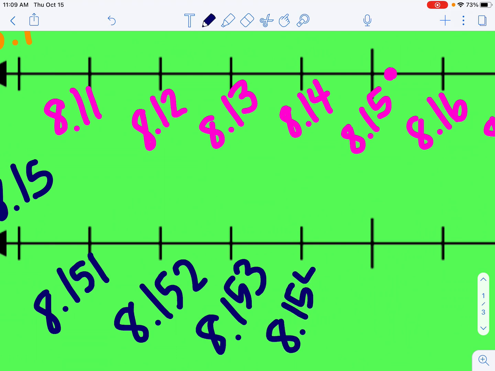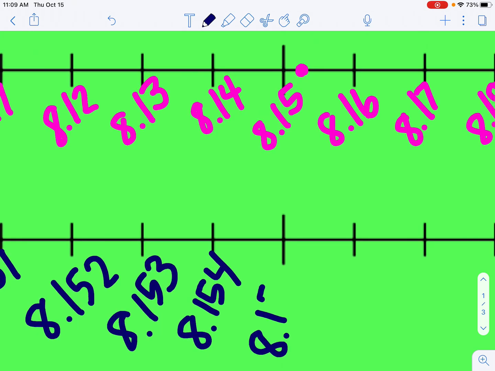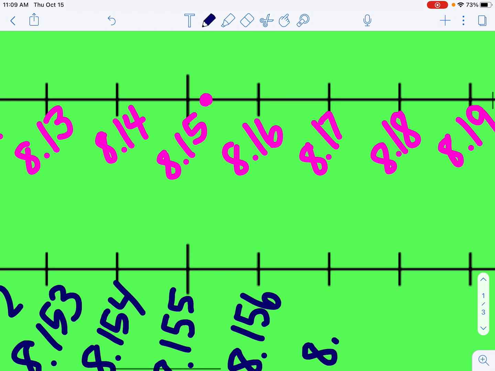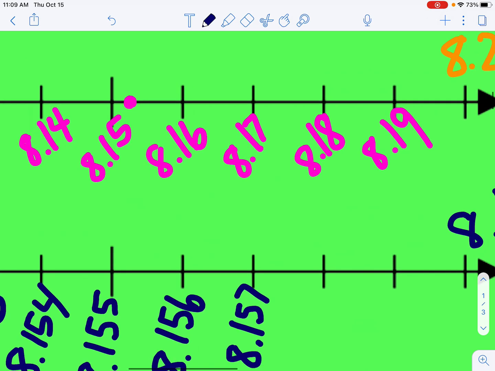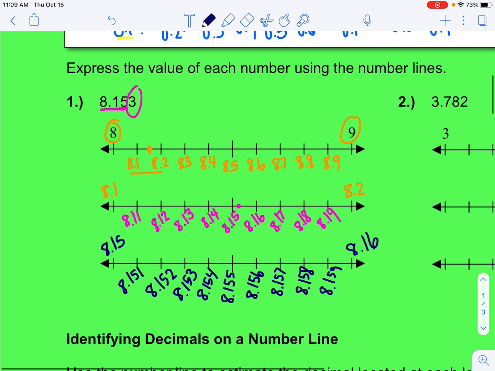And then I keep going, 8 and 154. And it's okay if you kind of write to the side so that your numbers don't get all mixed up. 8 and 156 thousandths, 8 and 157 thousandths, 8 and 158 thousandths, and lastly 8 and 159 thousandths.